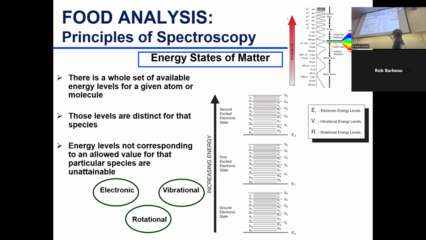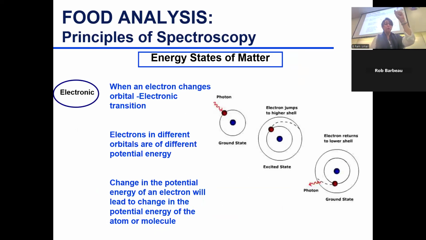So the electronic ones carry the highest energy or absorb the highest energy. The vibrational are smaller pockets of energy than the electronic, and the rotational levels are even smaller. And it will make sense to you in a minute, I hope.